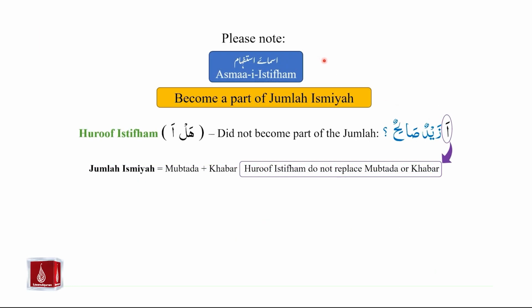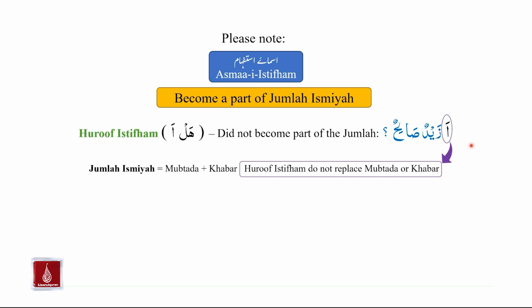Please also note that Asma-ul-Istifham become a part of Jumla Ismiya. What do we mean by that? In the case of Huruf-e-Istifham, such as Hamza Istifhamiyya or hal, they did not become part of the Jumla. The example is Azaidun Salihun. In this case, we have Zaidun Salihun as part of Jumla Ismiya, and the Hamza Istifhamiyya does not replace Mubtada or Khabar.